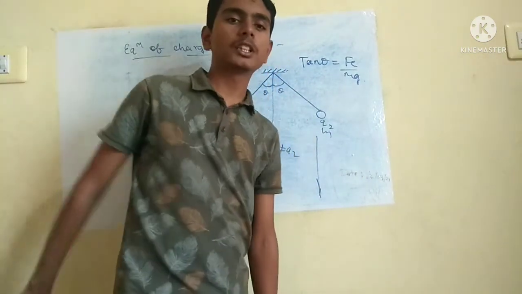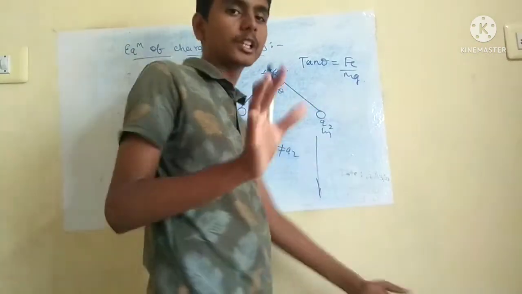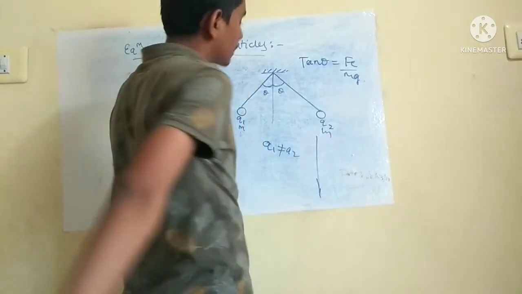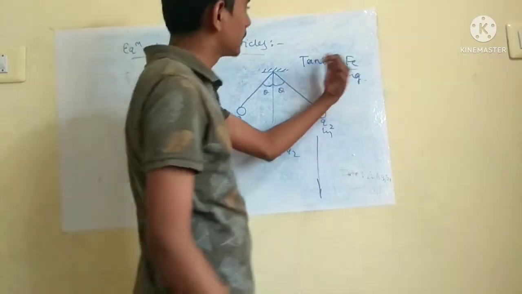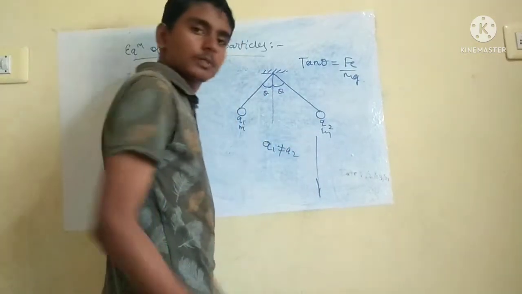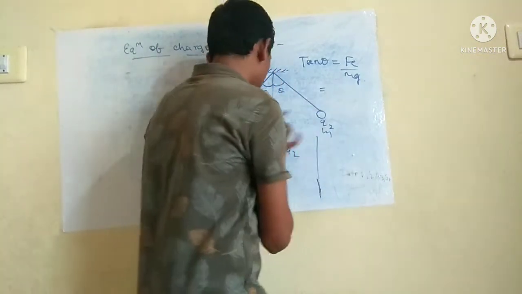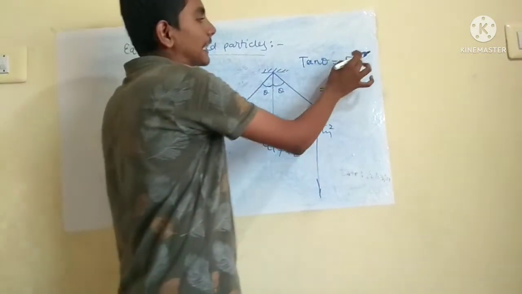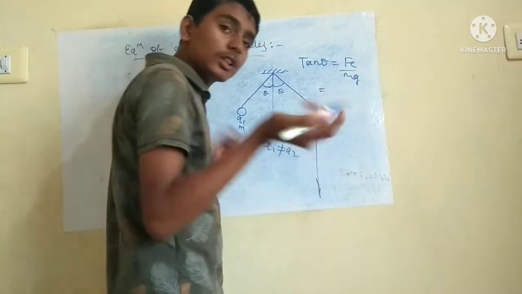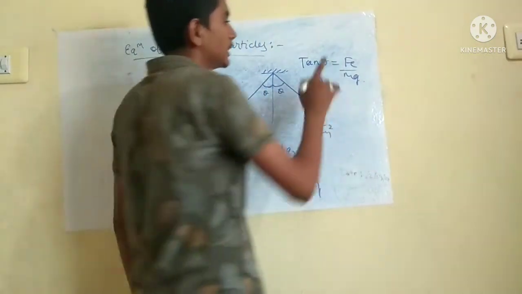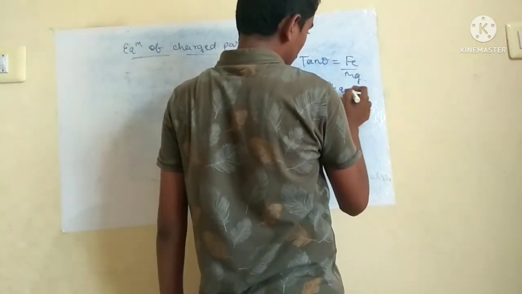Put this answer in the comment section if you have interest. Now this is the formula for tan theta. Will the theta be equal? Yes, it will be equal. How? The electrostatic force will not depend on only one charge. It will depend on the product of charges.